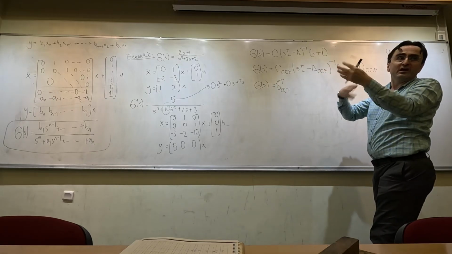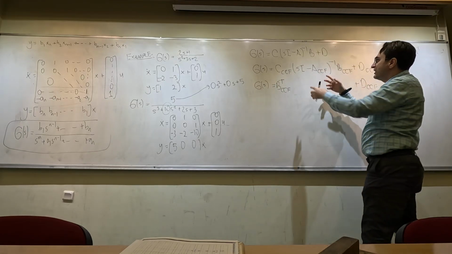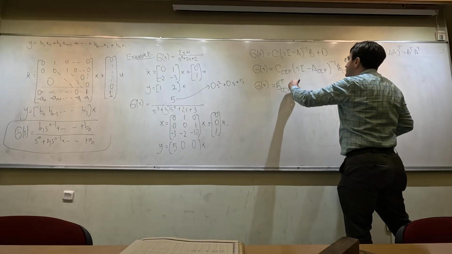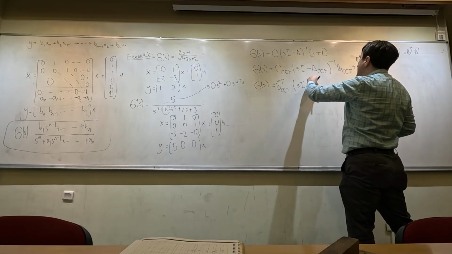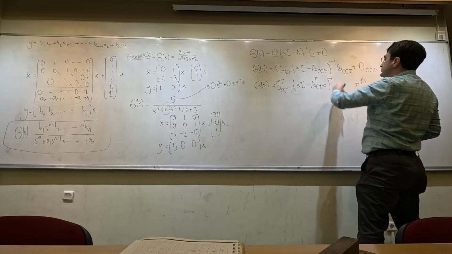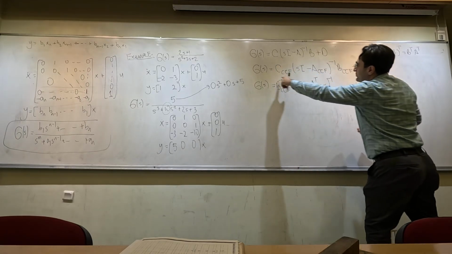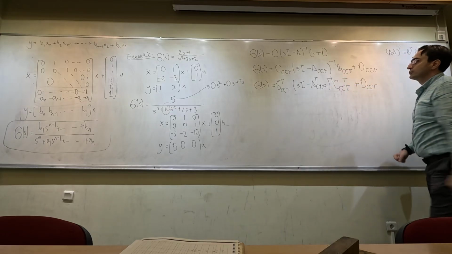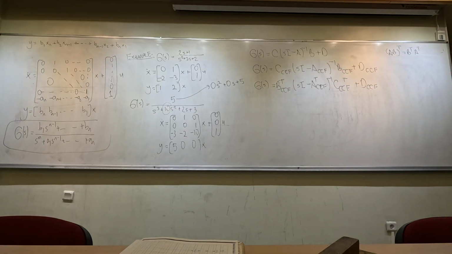Transpose and inverse can always be interchanged. And the transpose of an identity matrix is itself. So I will write here (sI minus A transpose controllable canonical form) inverse, and then the transpose of the first factor, C controllable canonical form transpose. So now I have obtained a new formula for the same G of s.